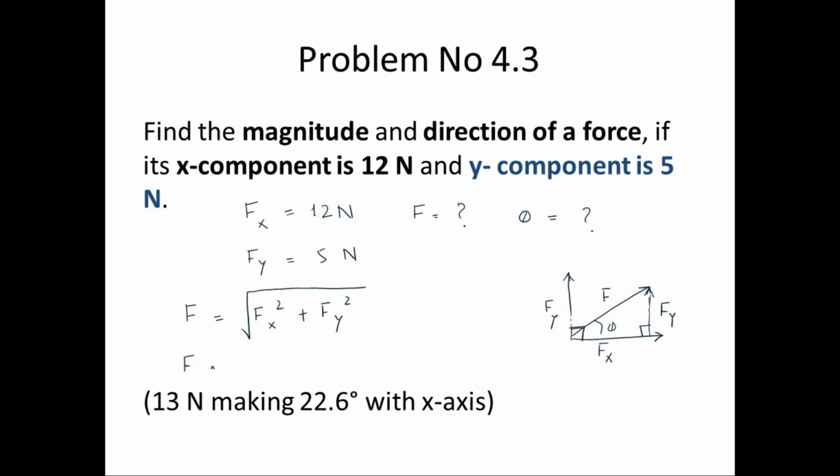So F is equal to the square root of 12 square plus 5 square, which is the square root of 169, and the square root of 169 is 13 Newton.